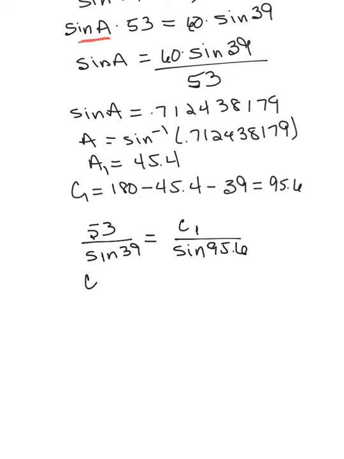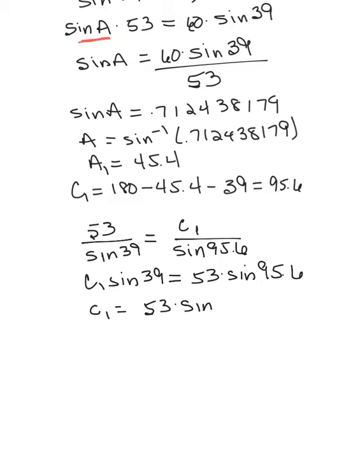Cross multiply, you get side C1 times the sine of 39 equals 53 times the sine of 95.6, divide. We get C1 equals 53 times the sine of 95.6 divided by the sine of 39. So side C1 is 83.8. Now we know all the parts of our first possible triangle.